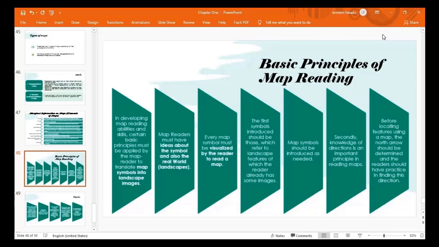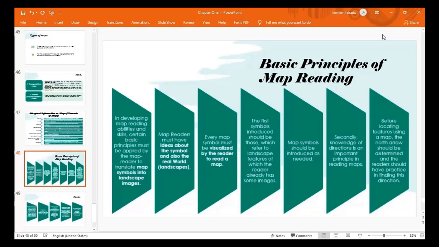Map readers must have ideas about the symbol and also the real world or the landscapes. Every map symbol must be visualized by the readers to read a map.